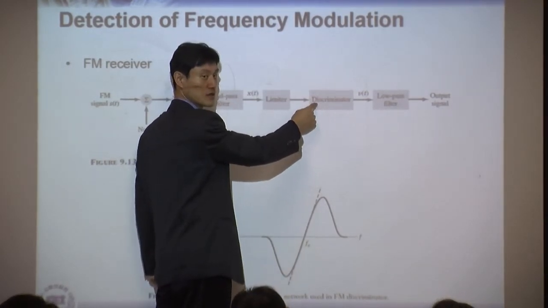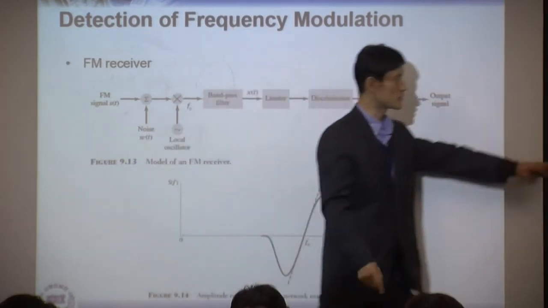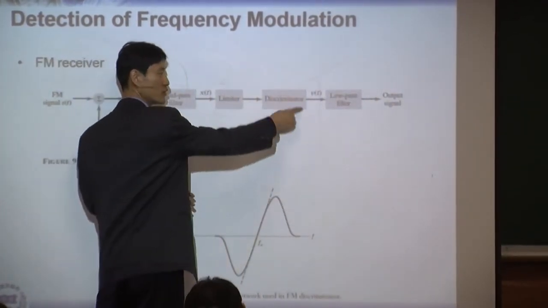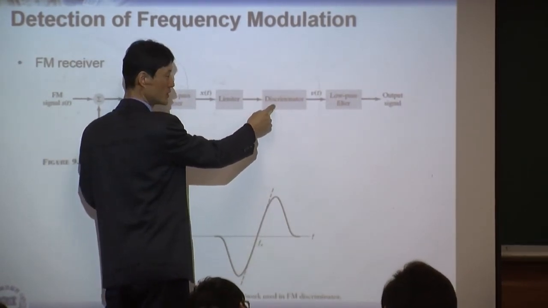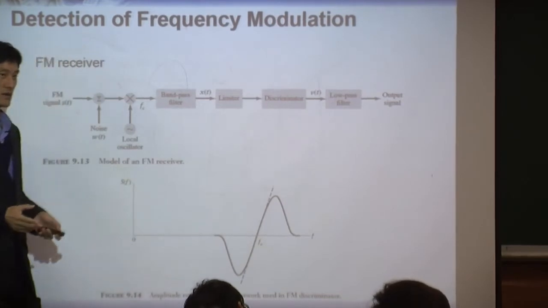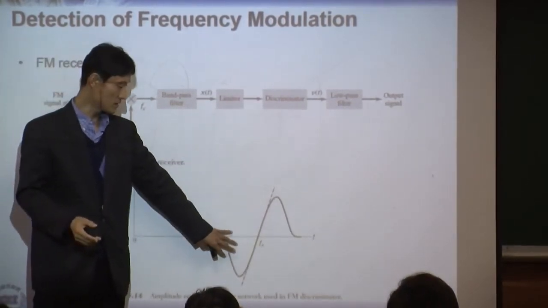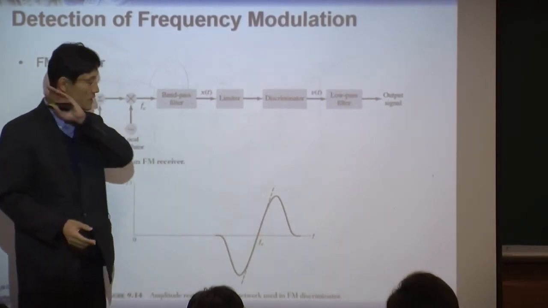This is a time derivative, and this is a mathematical equation. In the actual system, right now we are doing this one, that is a time derivative. And what does this discriminator look like? Like this. This is the discriminator.